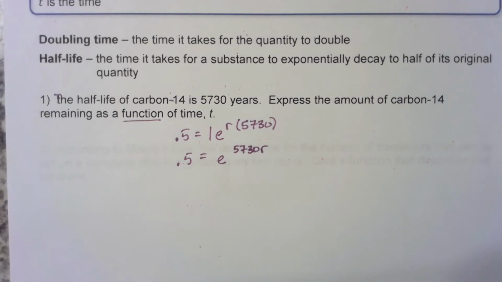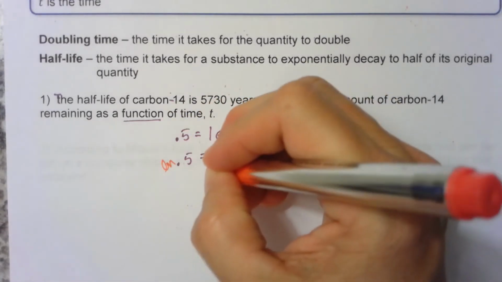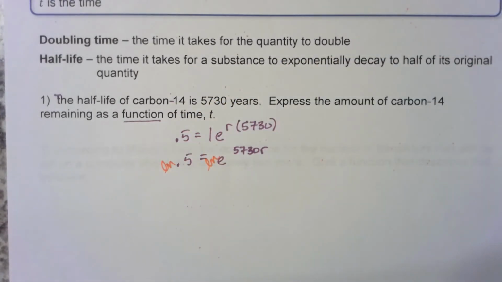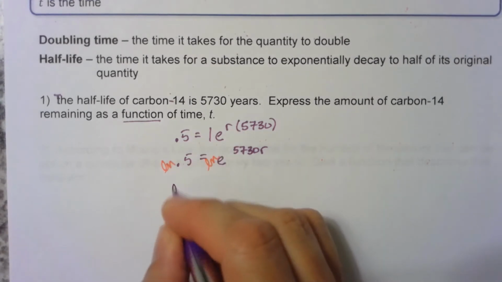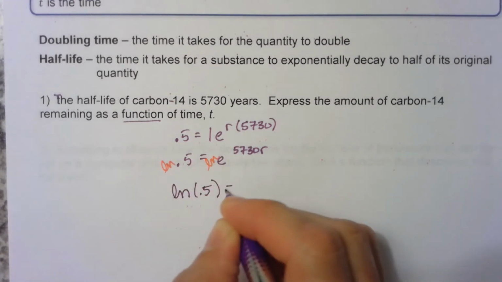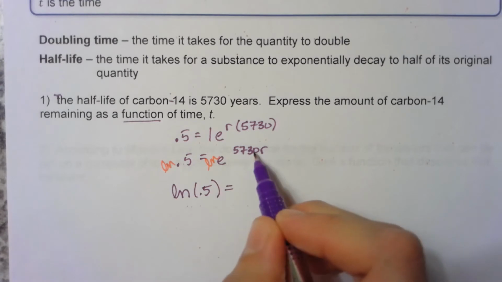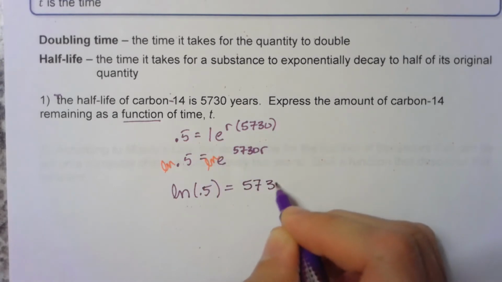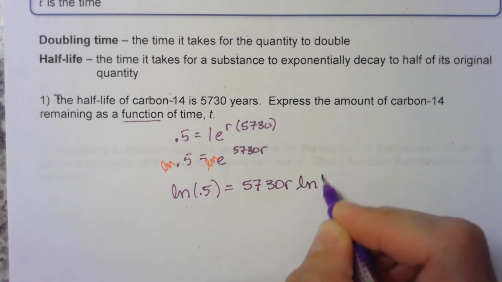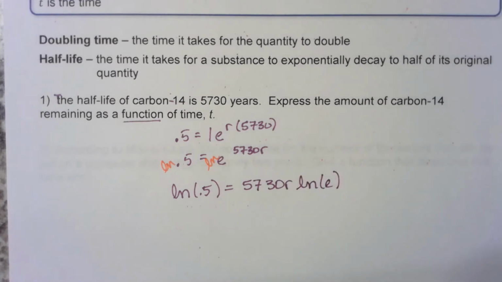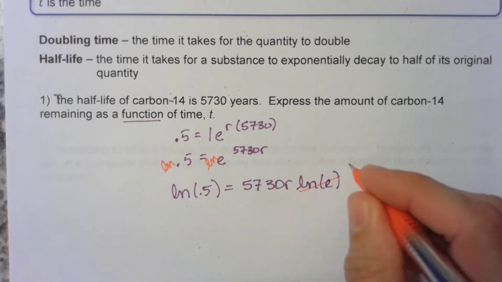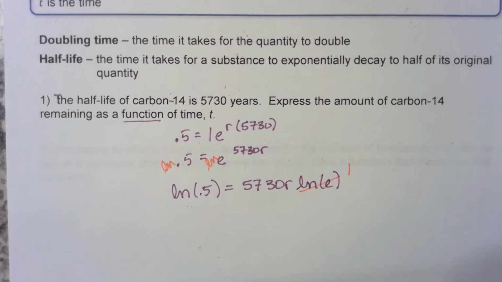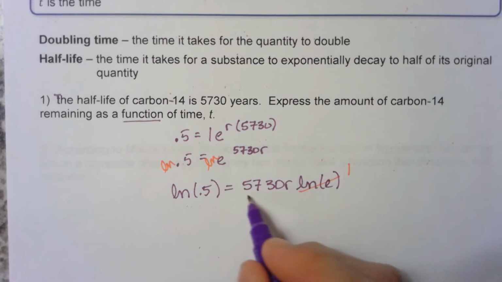Well, now we just have to solve the equation. Just like in the last section, we're going to take the natural log of both sides. So we have the natural log of 0.5 equals, we can use our power rule since we have a logarithm, 5,730 r natural log of e. Remember that the natural log of e is 1. So you have 5,730 times r.